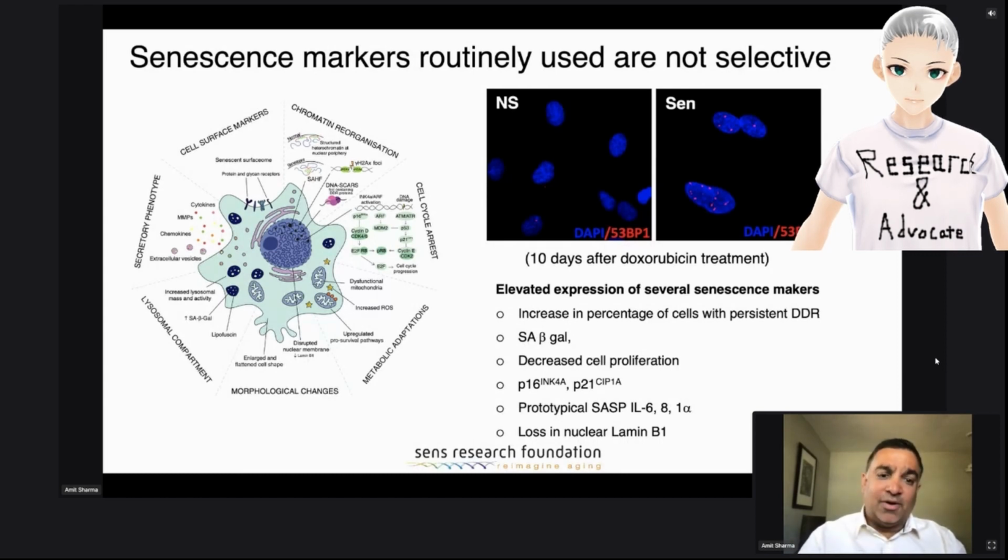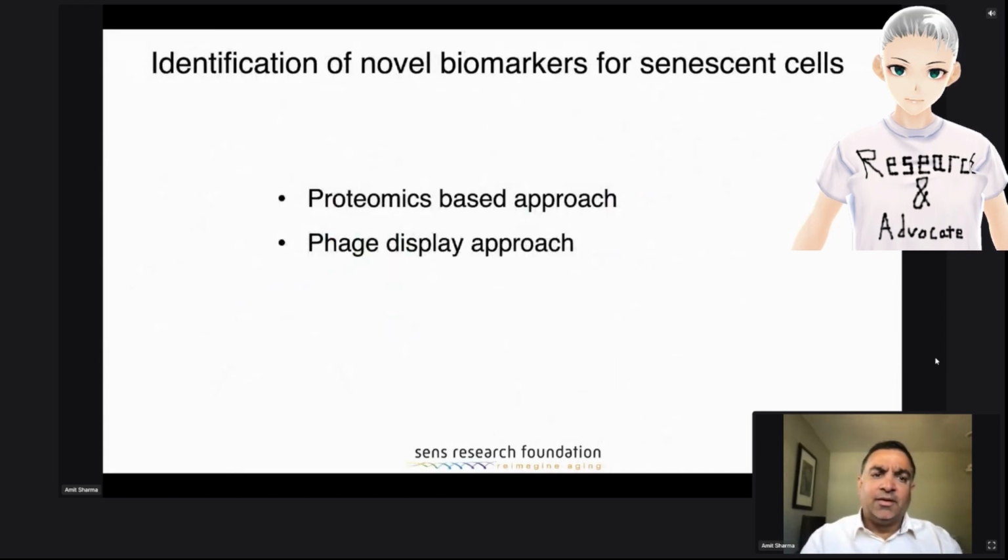Combining multiple markers is one way people have used previously, but we really don't have a good marker. That has also impeded the development of novel senolytics, because it's hard to look at the efficacy of the drug in vivo. So we're trying to find better markers of senescence that are more useful in vivo.